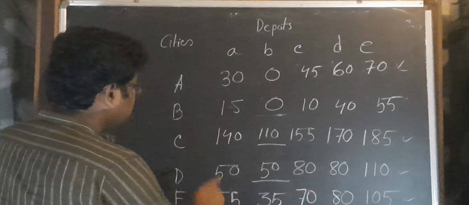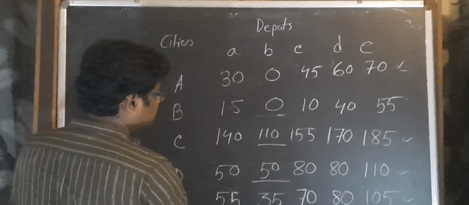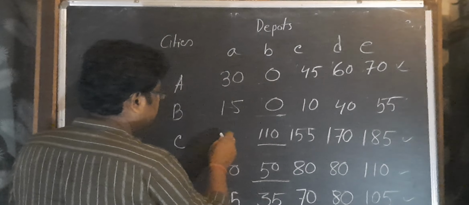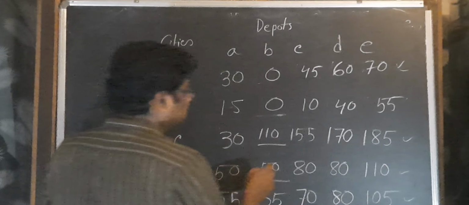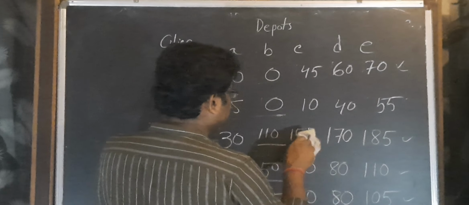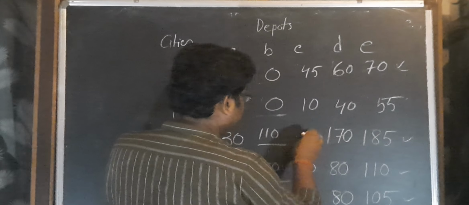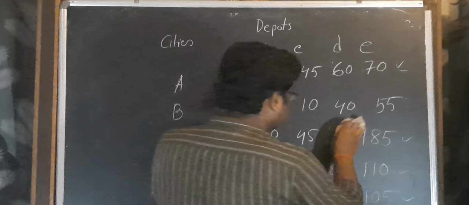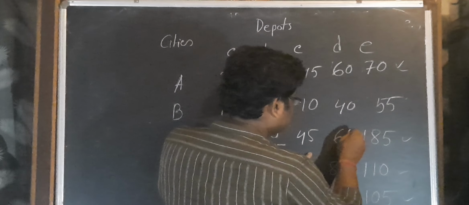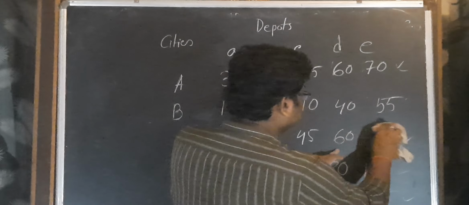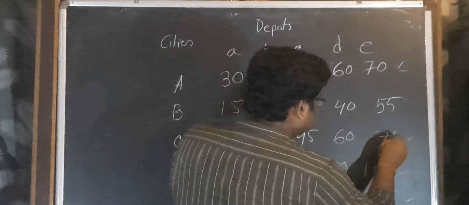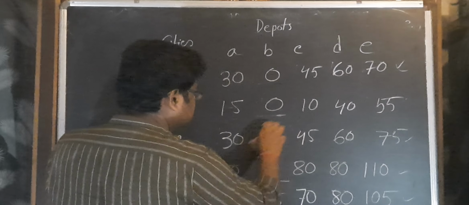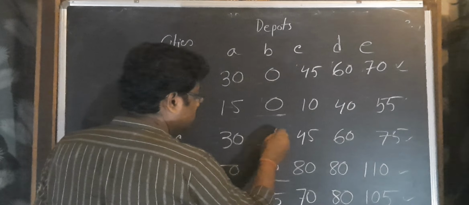In the same way, with 110, if we subtract it from 140, it is 30, then 45, then 60, then 75 after subtraction, and 110 minus 110 equal to 0.